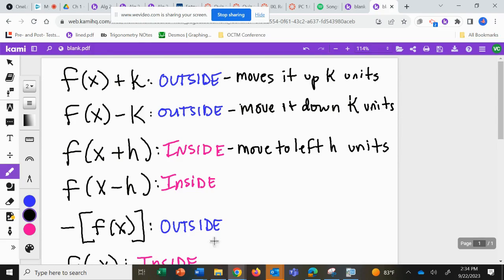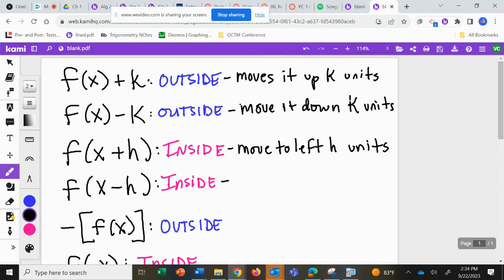The H just stands for whatever number is sitting there, and the H and the K are really important later, but we don't know that yet, so that's why I'm using those specific letters. When it's on the inside and it's adding, we kind of do the opposite of common sense. When I see plus, I'm thinking positive, but it's actually going left, which is negative.